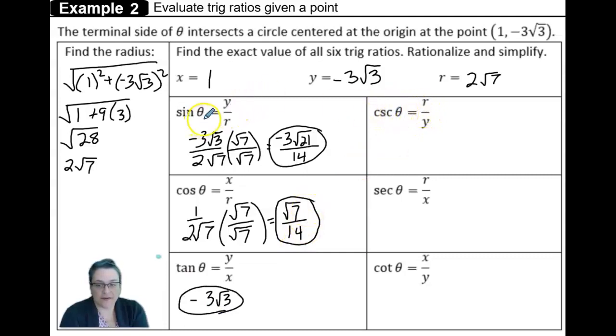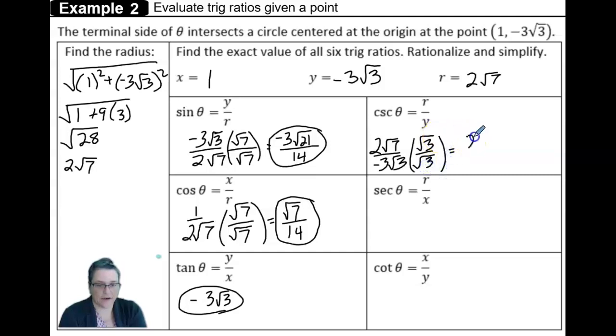So the reciprocal of sine is cosecant, so we're going to have r over y, which is 2√7 divided by -3√3. And we're going to rationalize that denominator by multiplying the numerator and denominator by √3.